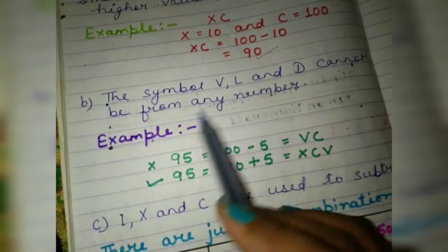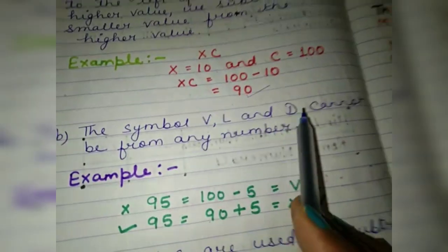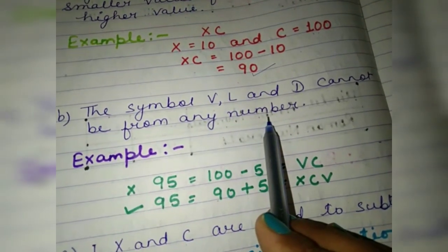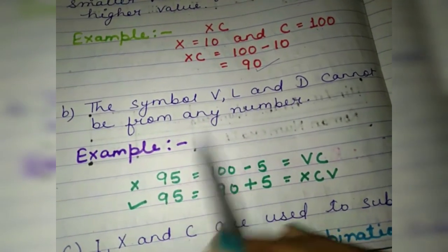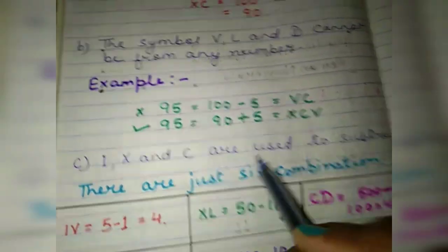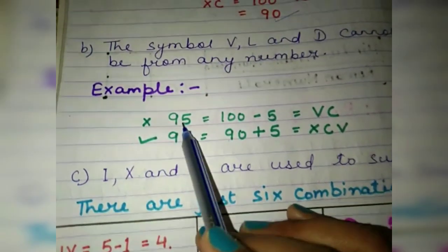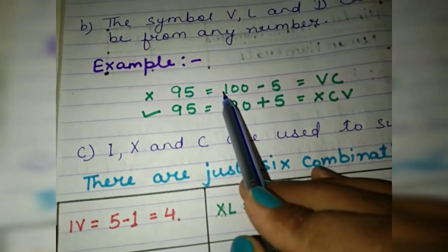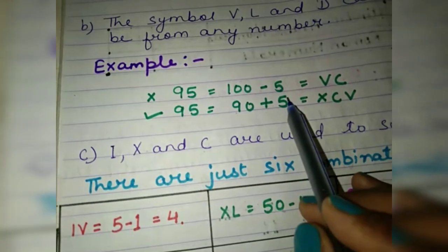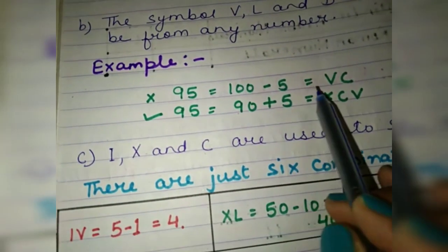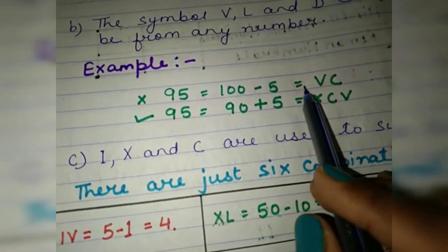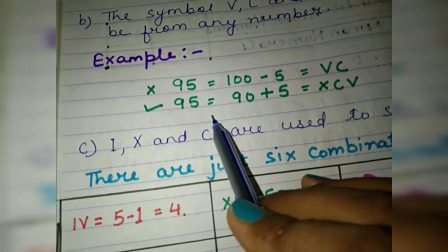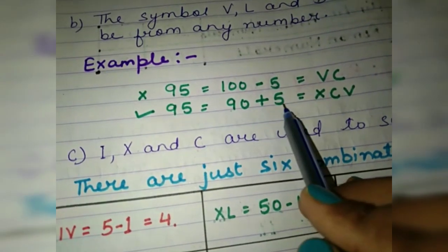Now the second rule is that the symbols V, L and D cannot be subtracted from any number. For example, we have taken 95. So children, 95 cannot be written as 100 minus 5, which would be VC, but it should be written as 90 plus 5.